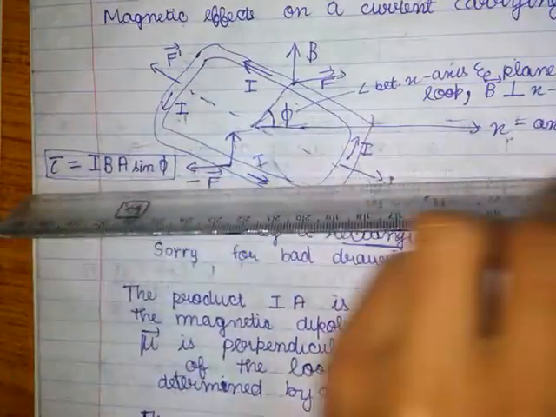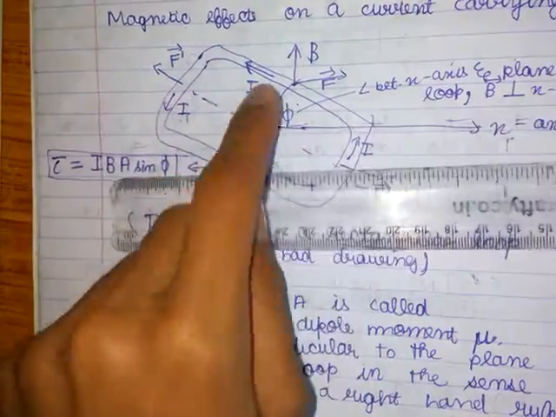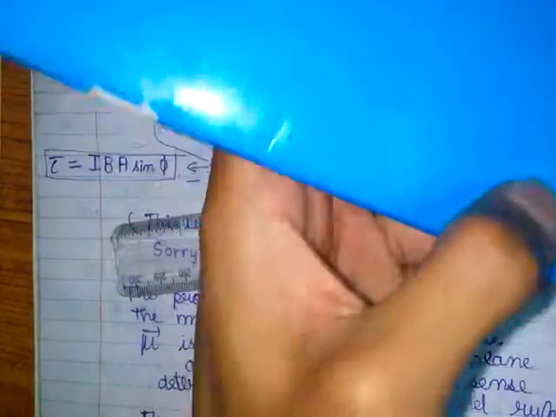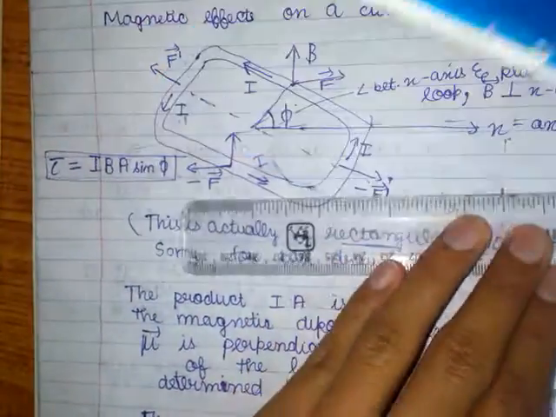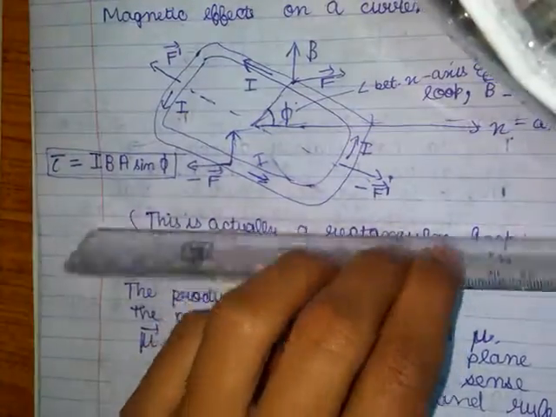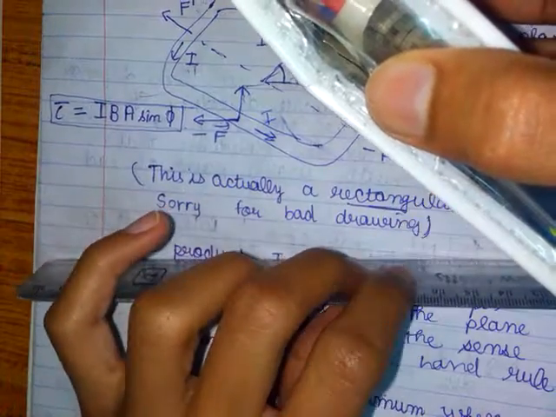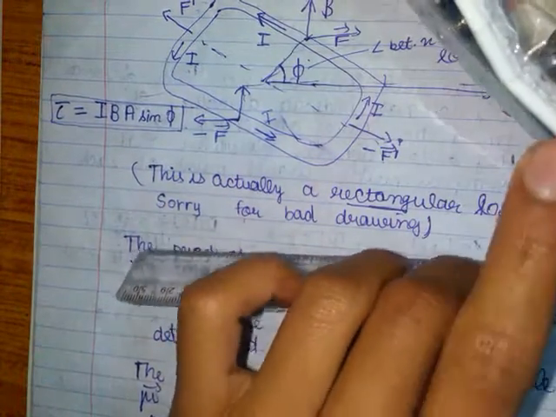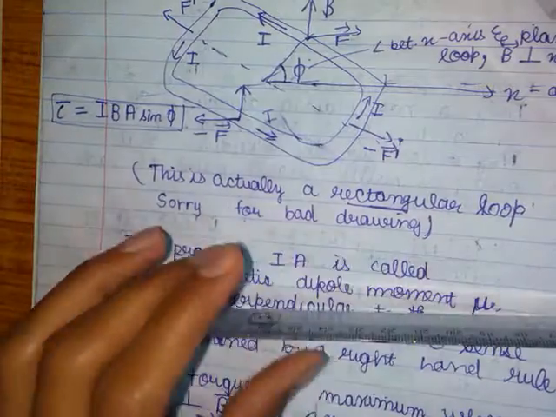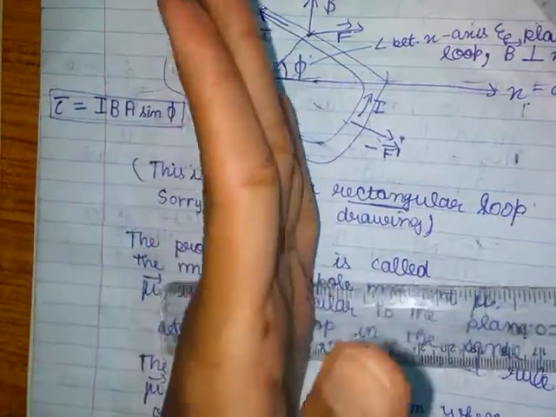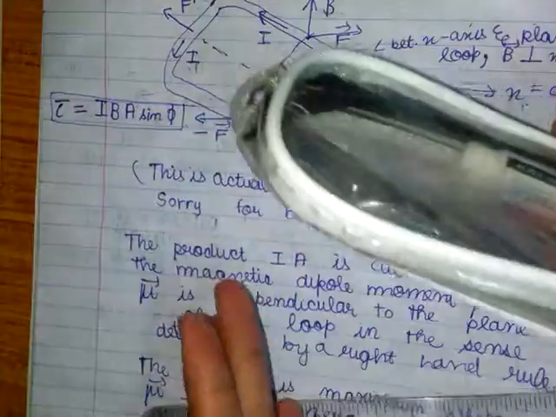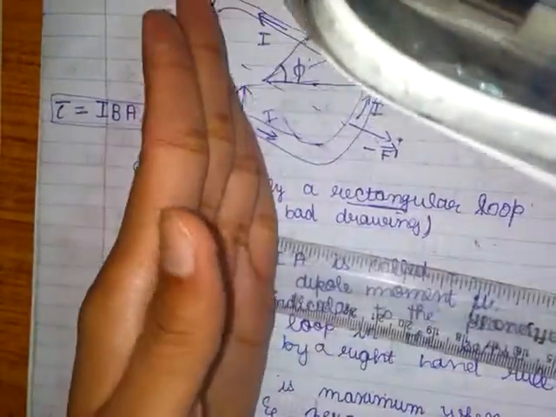Suppose this is the x-axis, and let this represent the plane of the loop. Then the plane is inclined at an angle phi with the x-axis, and the magnetic field is actually perpendicular to the x-axis, like this.